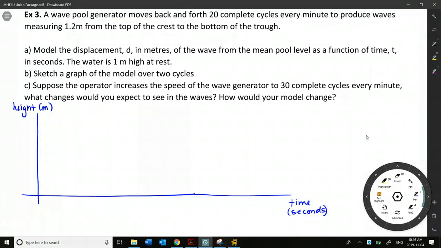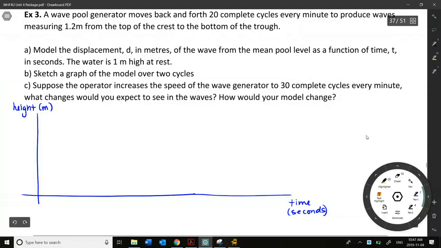And we are told that if we're in the wave pool waiting for the wave generator to start, the water is resting at a height of 1 meter. Now, usually wave pools go into a bit of a deeper area, but we'll assume our wave pool is all 1 meter high.